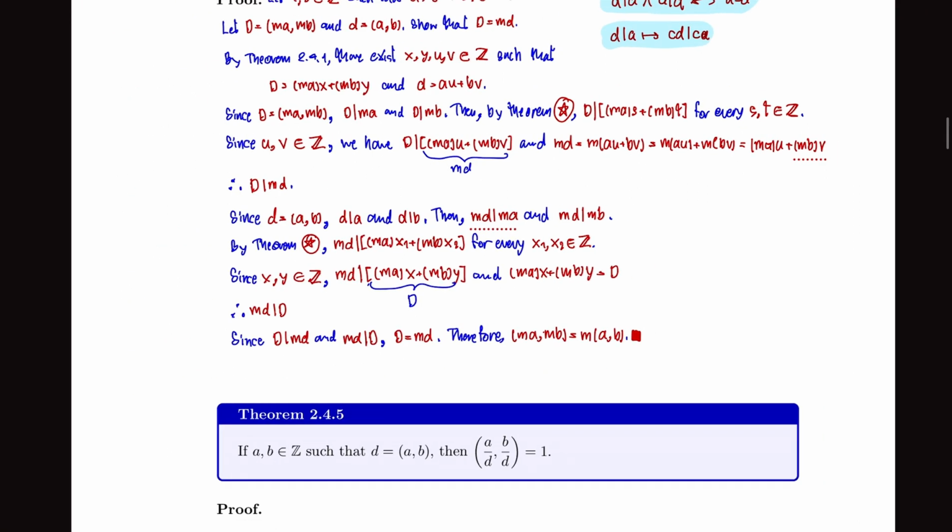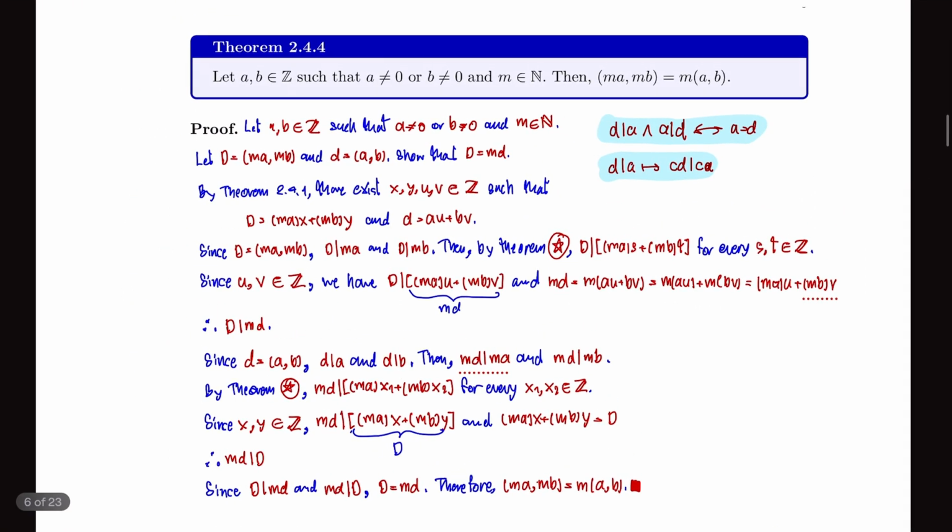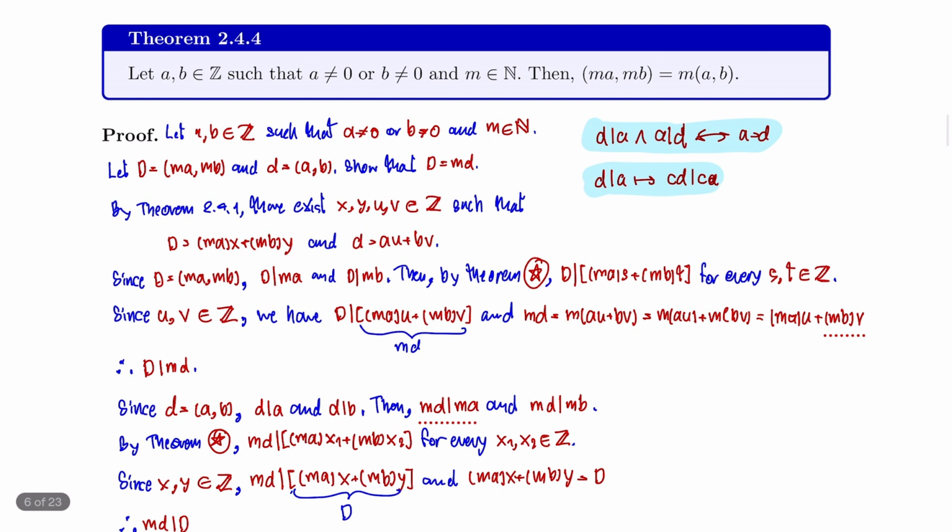And that's it for this video. So we have proved that the greatest common divisor of ma and mb equals m times the greatest common divisor of a and b.